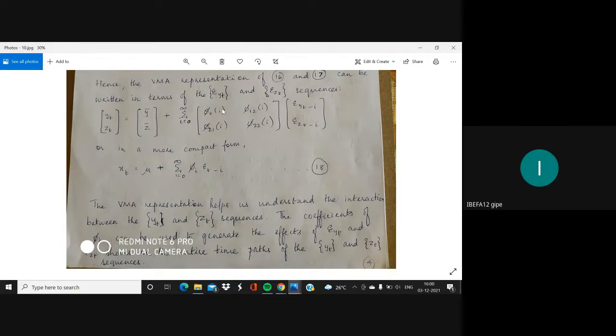Generally the notation is to let it run from 0 to n. So you'll be able to trace the impact of any structural shock for n time periods and see how yt is going to behave in the same time period, then in the first time period, second time period, up to n time periods in response to a particular shock.